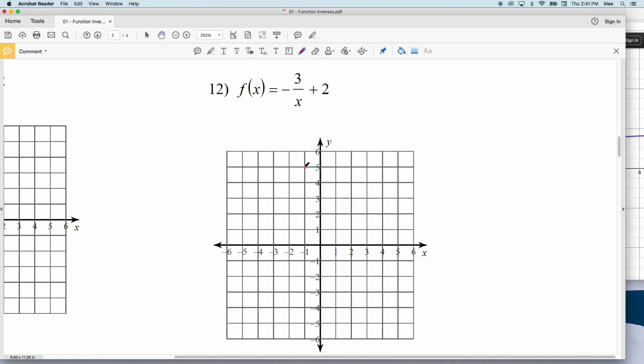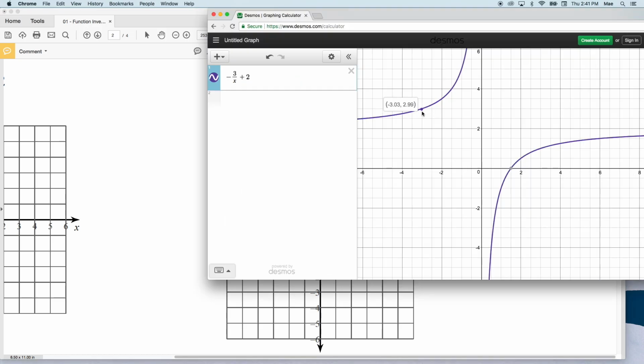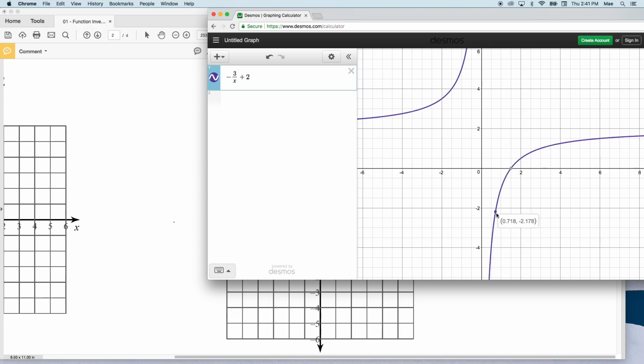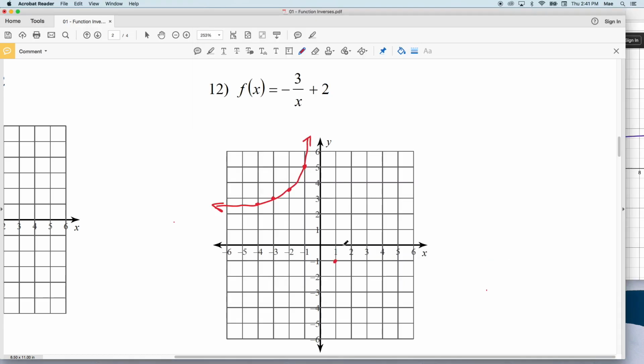Negative 1, 5. Negative 2, 3.5. We have negative 3, 3. And we have negative 4, 2.75. So negative 3, 3, negative 4, 2.75. I'll go ahead and connect those points. Now, for the right side, we have 1, negative 1, 1.5, 0.